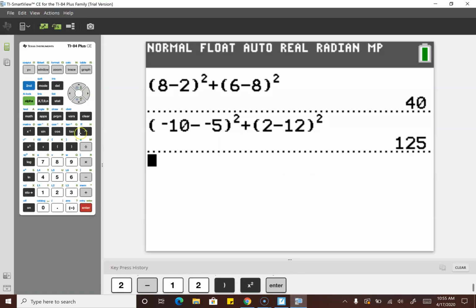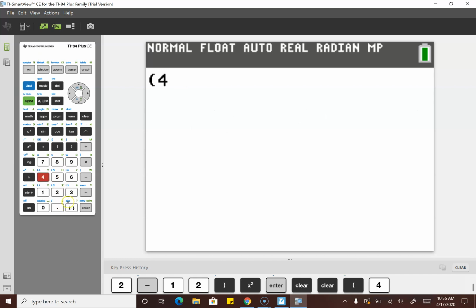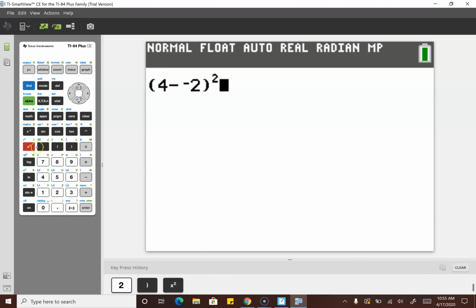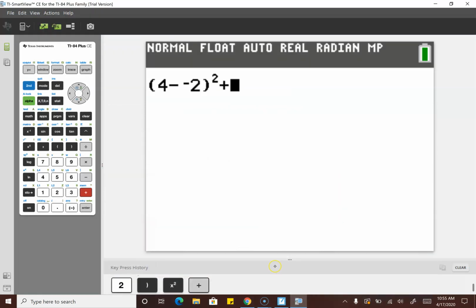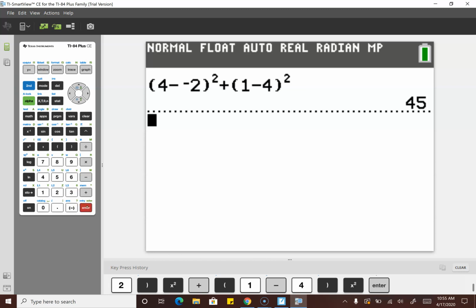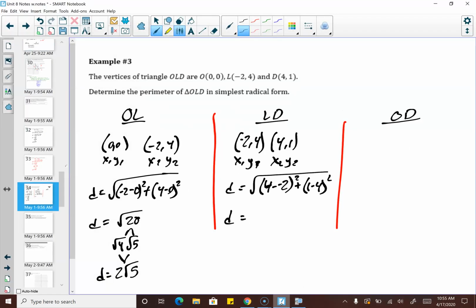So if we go to our calculator, we are 4 minus negative 2 squared plus, I believe it's 1 minus 4. Yep, 1 minus 4 squared. That gives us 45. So square root 45 splits, square root 9, square root 5, gives us a distance of 3 square root 5.